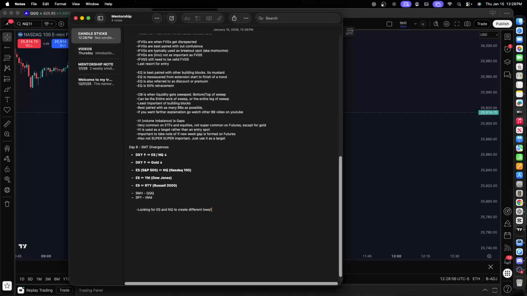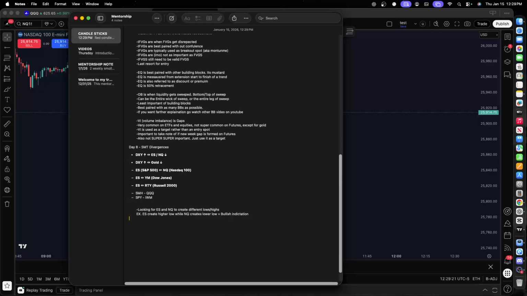Okay. Just trying to think how to explain this in words. Then I'd put like example, ES creates higher low while NQ creates lower lows equals bullish indication.